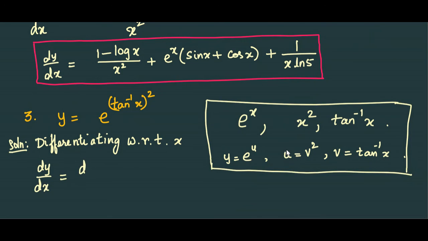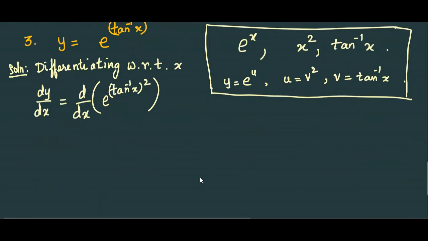Now, the derivative of e power (tan inverse x) the whole square will be the first function, e power anything, derivative will be itself.